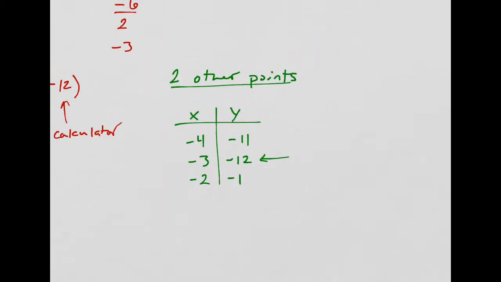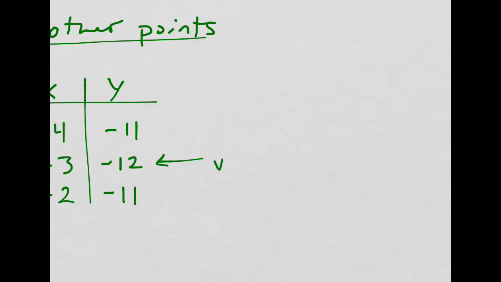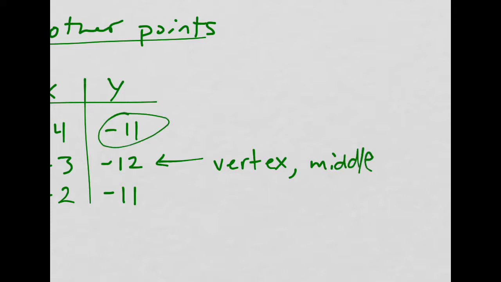Now, this one is going to be -11. I'm going to double check in my calculator, but it should be -11 there because this is the vertex. It's the middle. Vertex, middle, whatever you want to say. So these have to be the same on either side.